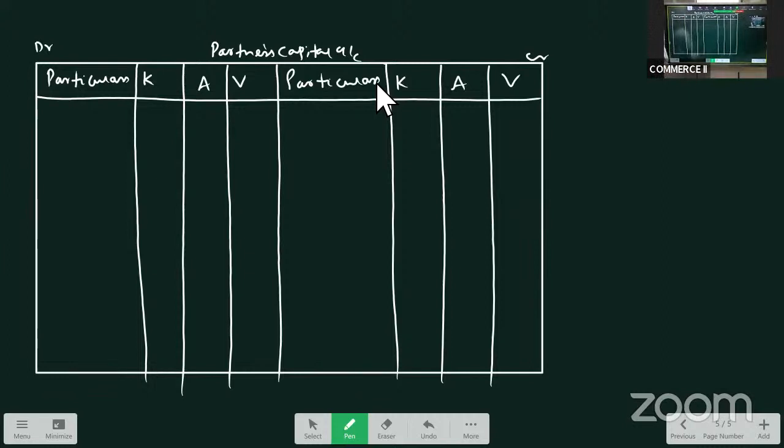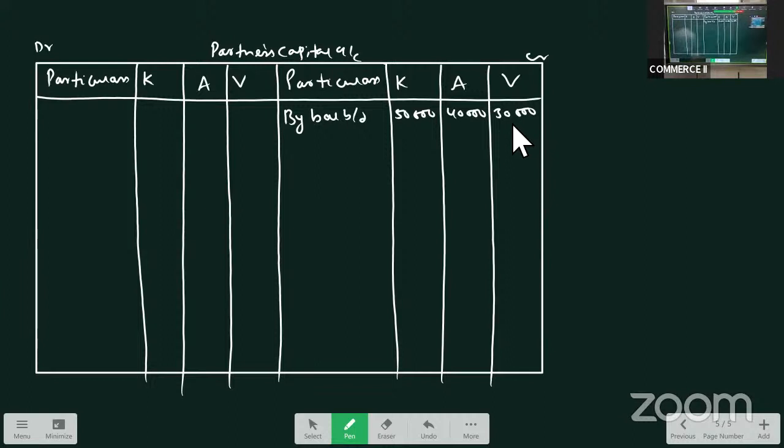What are the capitals given? 50, 40 and 30. The capitals of all the partners are given as by balance brought down 50, 40 and 30.